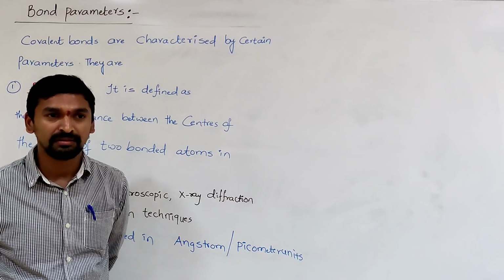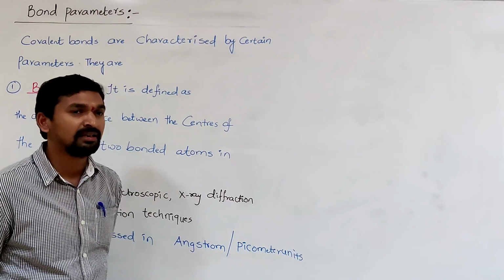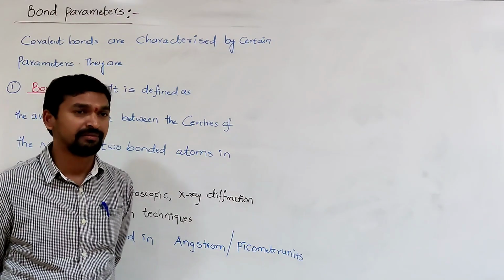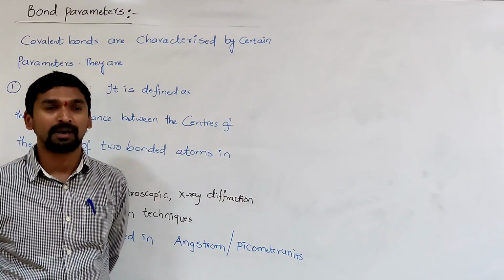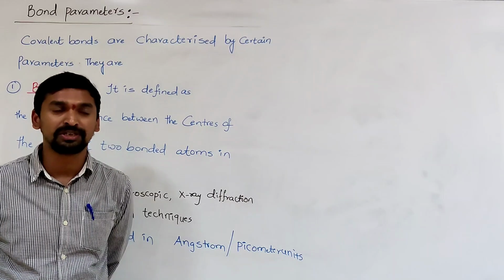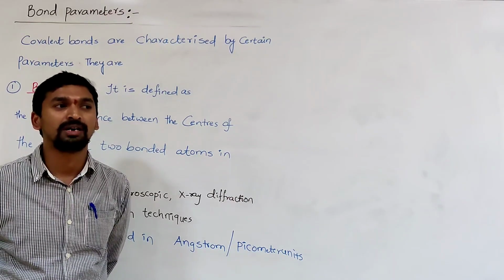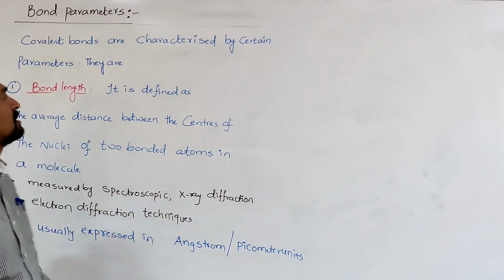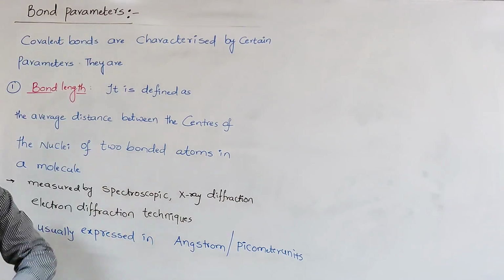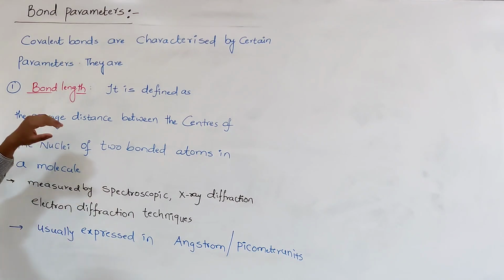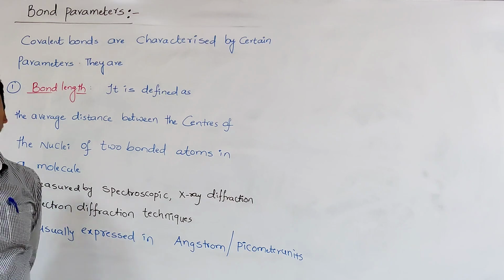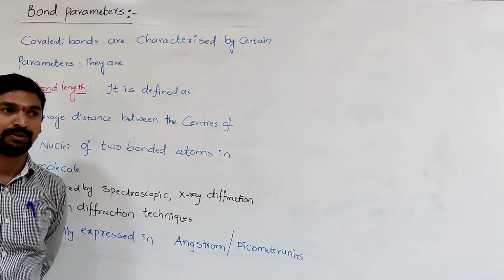Bond length, bond angle, bond dissociation enthalpy, and bond order. These four properties are useful to distinguish covalent bonds from one another. Together we simply call them bond parameters. These bond parameters are useful to characterize the covalent bonds present in different molecules.